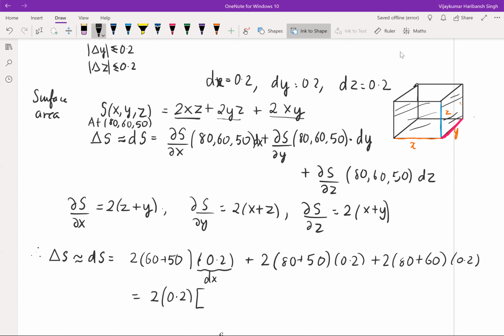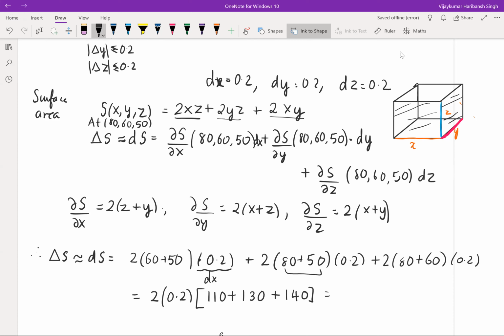I can add this: it becomes 110 plus 130 plus 140, that's right.